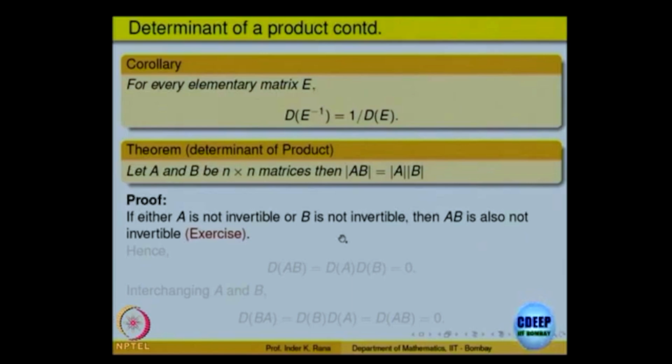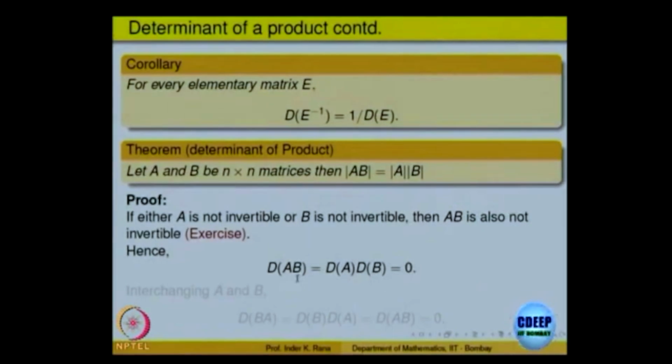If that is the case, then the product cannot be invertible. A simple fact, we are leaving it as an exercise for you to check, that if either A or B is not invertible, then the product cannot be invertible. So, check that.